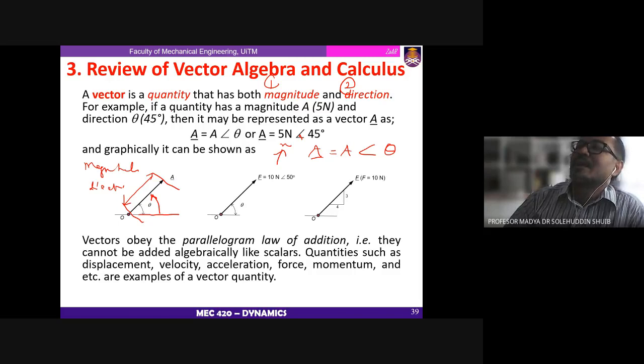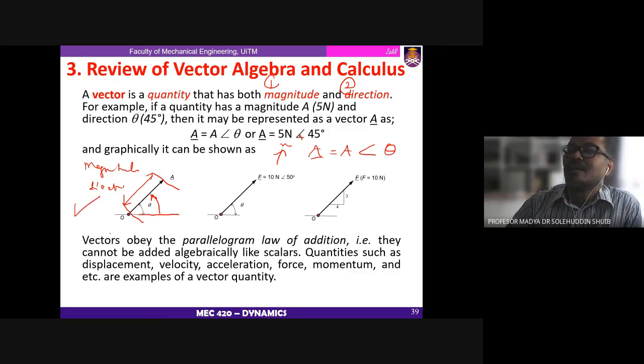This is how we write. Vector A equals magnitude multiplied by direction, which is 45 degrees. This is how to write.